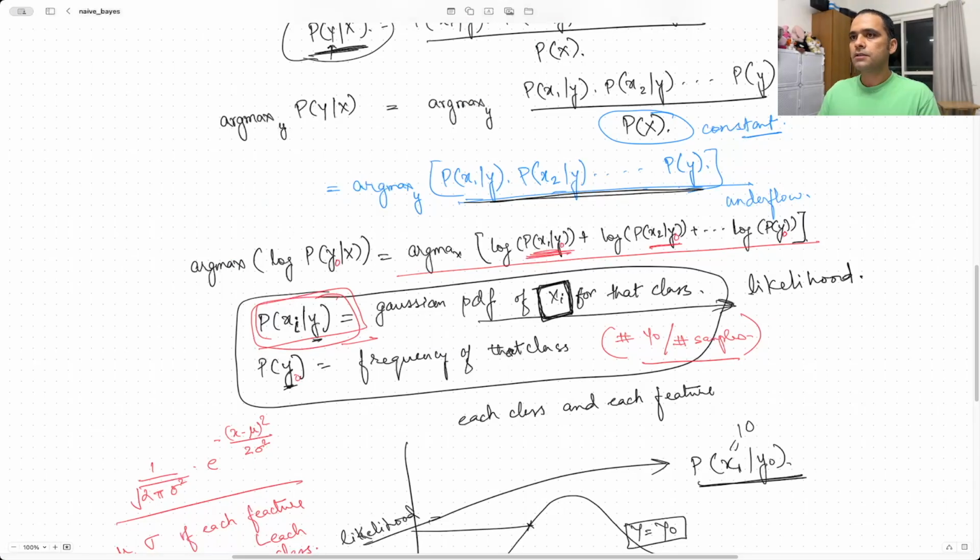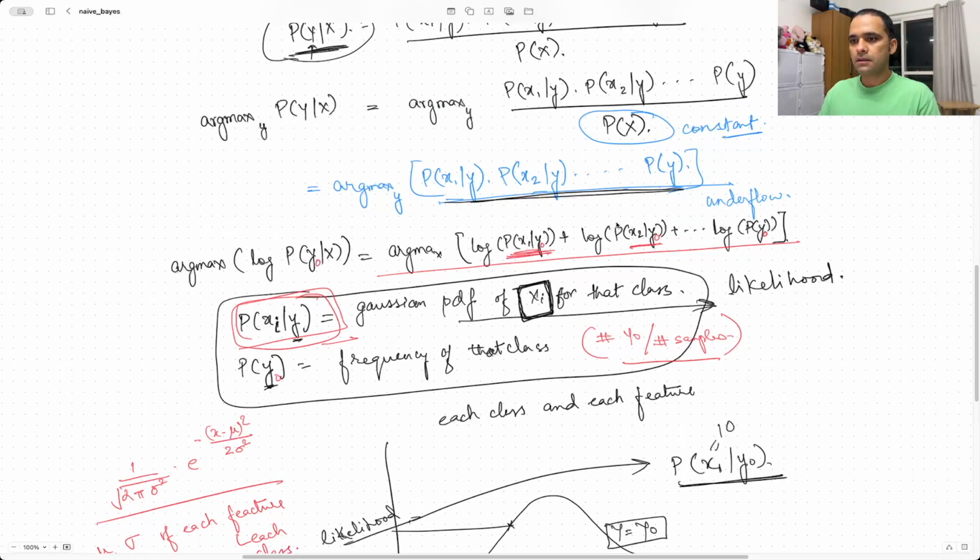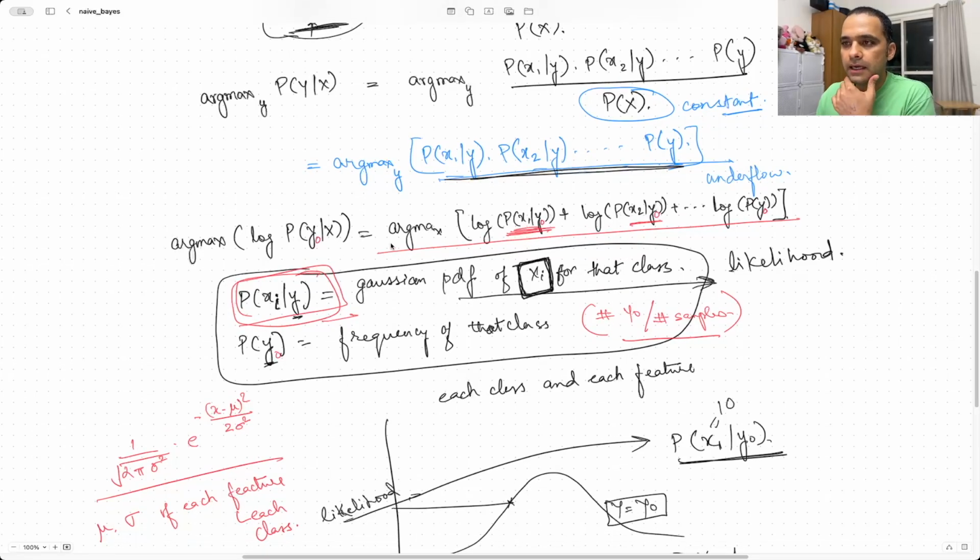All right. So here you see that at the end of our expression evaluations, we reach a point where we are calculating log of p y0 given x. So this p of y0 given x is a posterior probability for class y0.